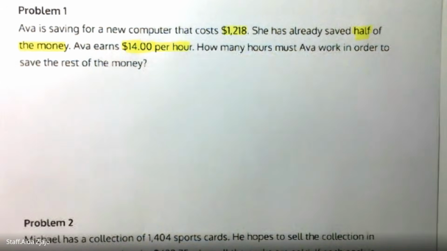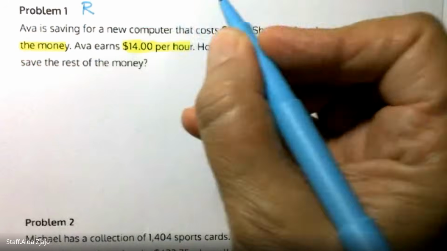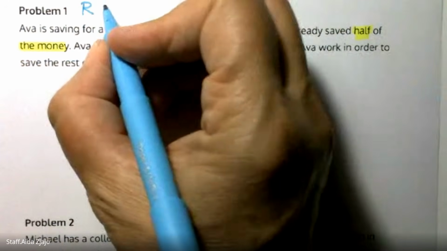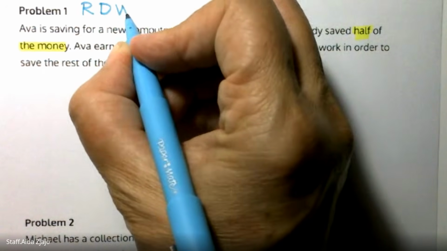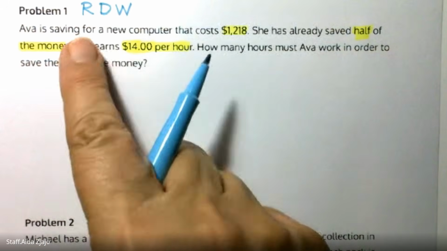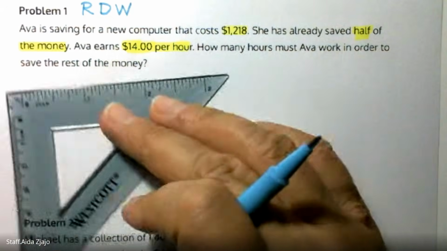So let's plan what to do. We're going to read. If you need to read one more time, it's always recommended. So read, then draw a picture of it, and then write or calculate or solve. Ava is saving for a new computer.